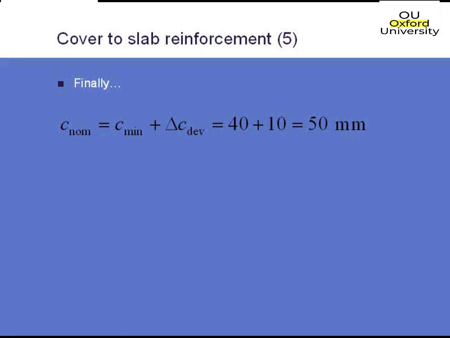Even with that deviation, it could be fixed at 40 mil, couldn't it? Well, you'll include the deviation of 10 millimeters. But what if it's fixed at 40 mil and you're doing durability counts to 40 mil, to 50 mil, and it could be 40? Yeah, but the calculations would be more onerous if you've got a 50 mil cover. Right.